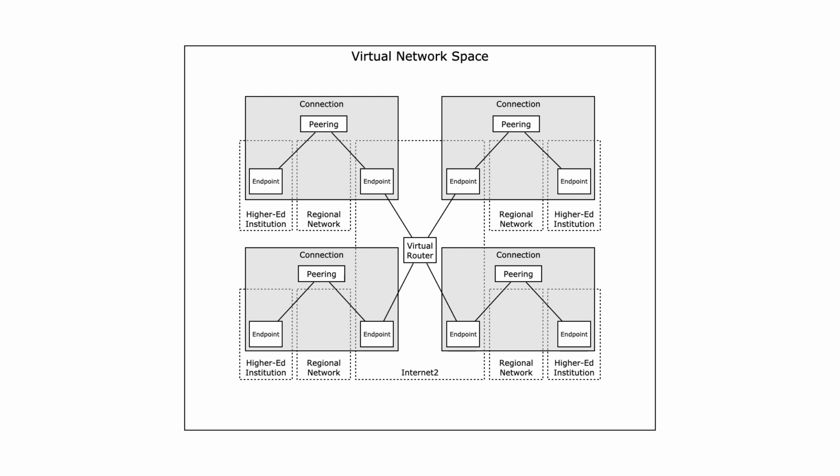Virtual network spaces are new in Insight Console. Virtual network spaces contain virtual routers or virtual switches and their connections, and the spaces are used as grouping mechanisms, kind of like folders on a file system.